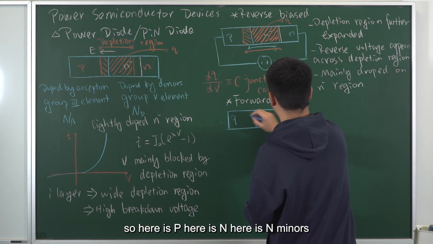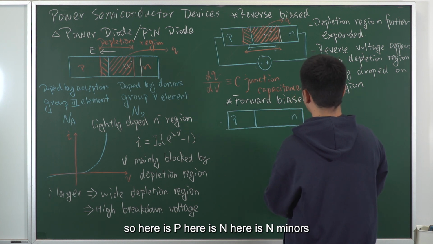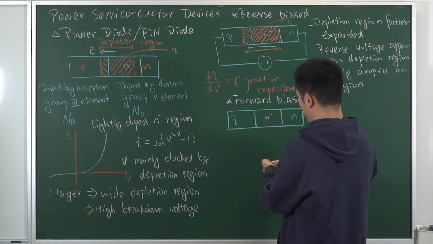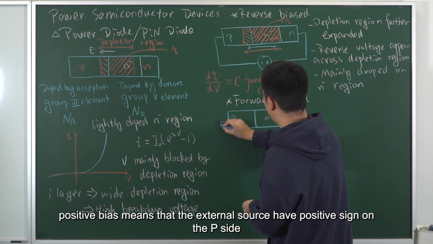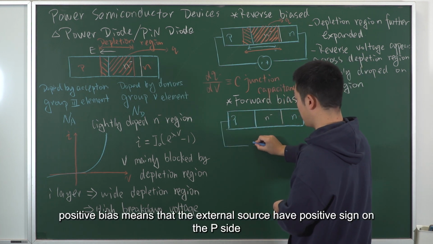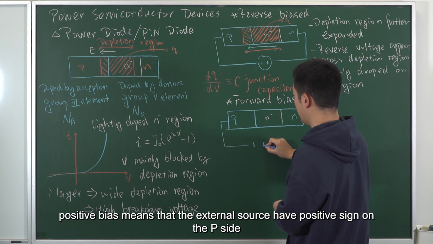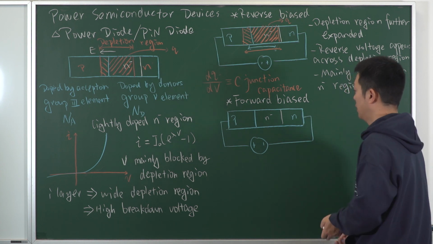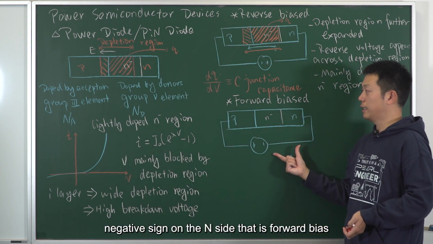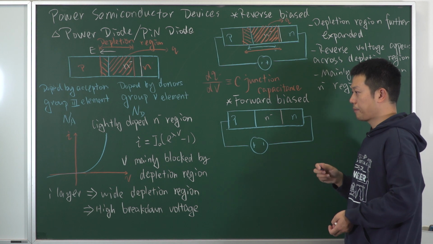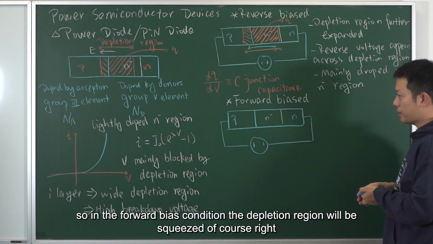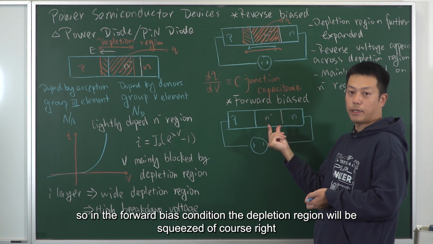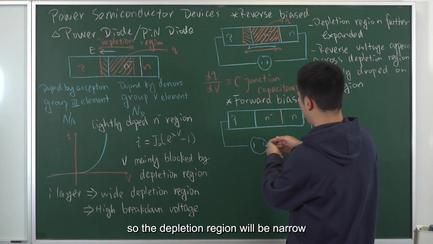So here is P, here is N, here is N minus. Positive bias means that the external source has a positive sign on the P side and a negative sign on the N side. That is forward biased. So in the forward biased condition, the depletion region will be squeezed, of course, right? So the depletion region will be narrower.